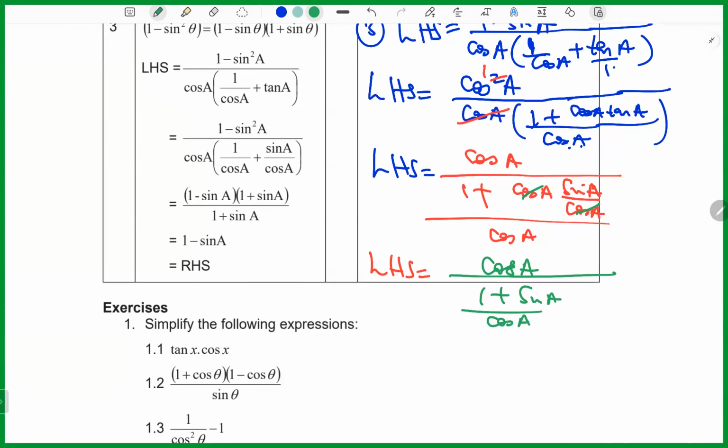Right, so what is this? Here we can continue and obviously be able to establish something pretty interesting. Right, so at this point you have the left-hand side, which is cosine A. We can write like that, and then have the following.